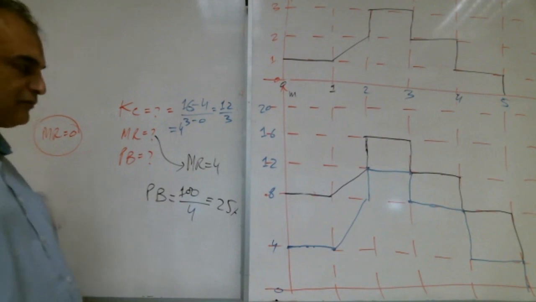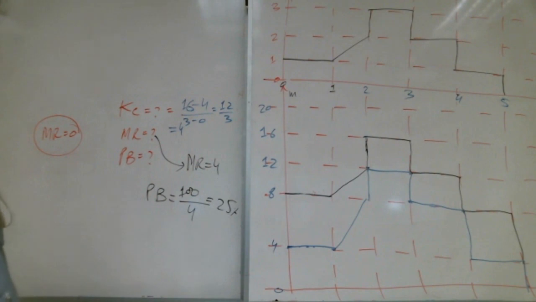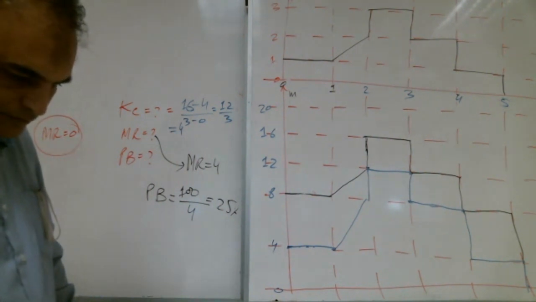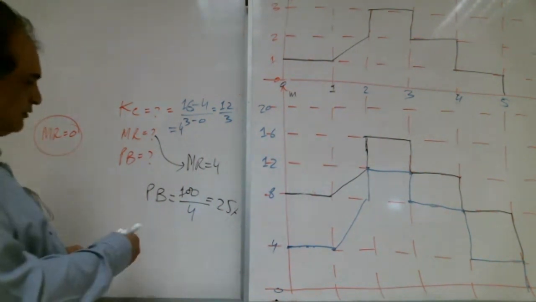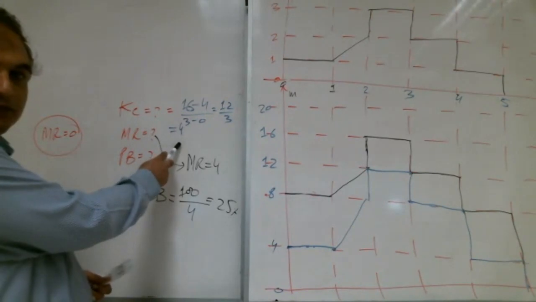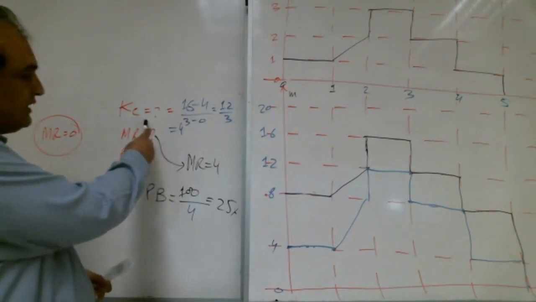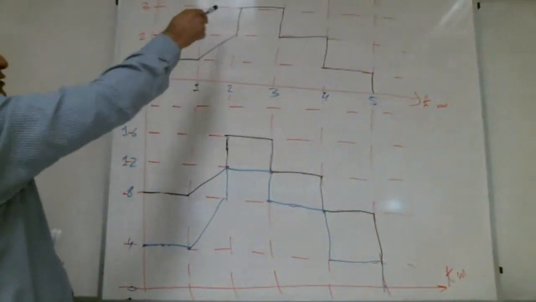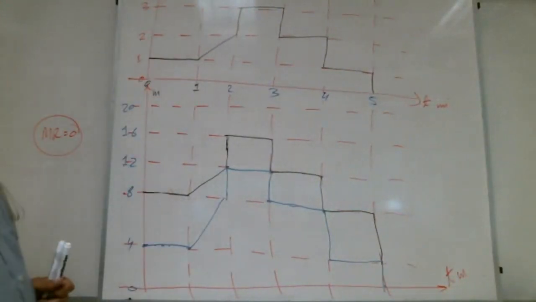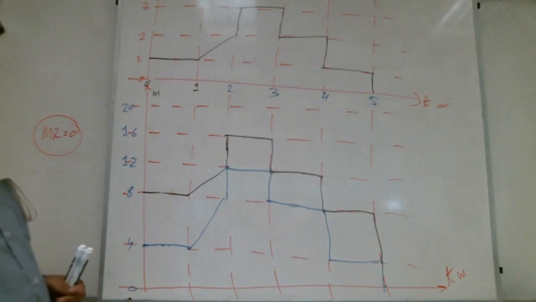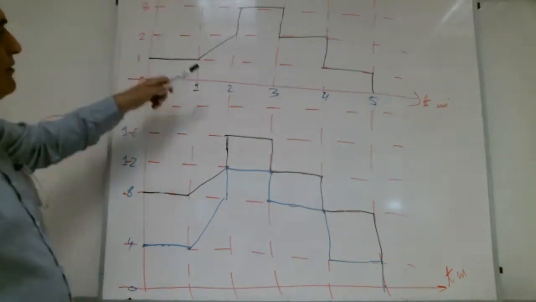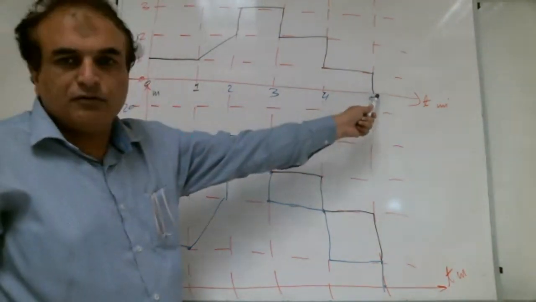Teacher, I have a question. How can you find the KC first? See here, KC, we found it. What is the total change in error? Maximum is 3. Minimum is how much? 0.